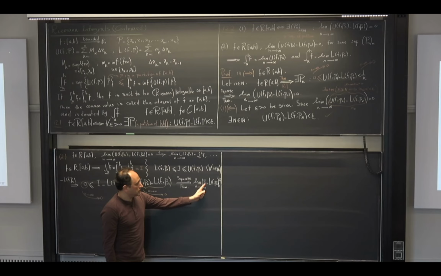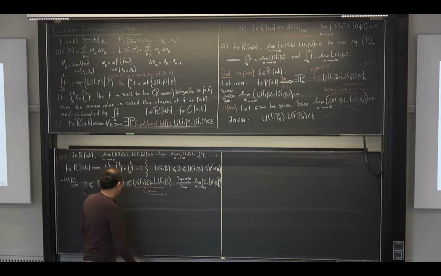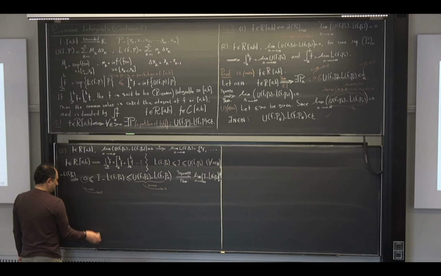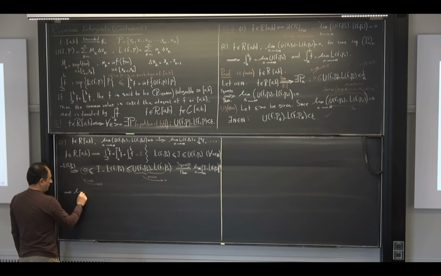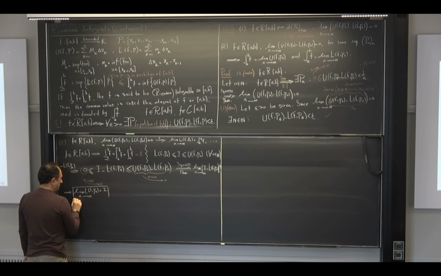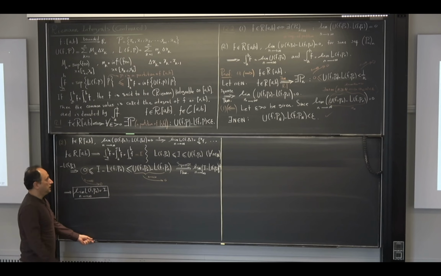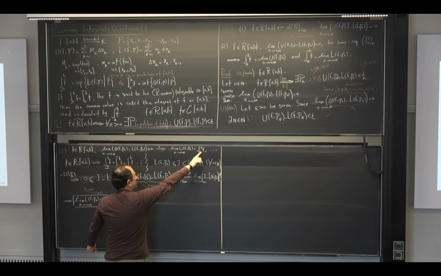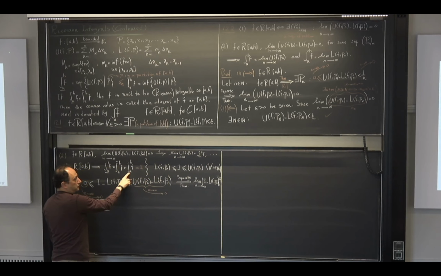So this is a constant and this limit is 0. So this means that the limit of L(f, P_n) is equal to I when n goes to infinity. And that is exactly what we wanted to prove, because I is another name for this. So that is exactly what I wanted to show.